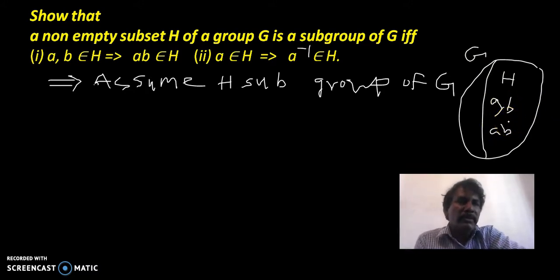But ab is in H. Therefore, definitely we can say that if a and b are any two elements in H, then they are elements of G, and in G the closure law is true. Therefore, ab belongs to G. That implies ab is also in H. So that way we can prove.